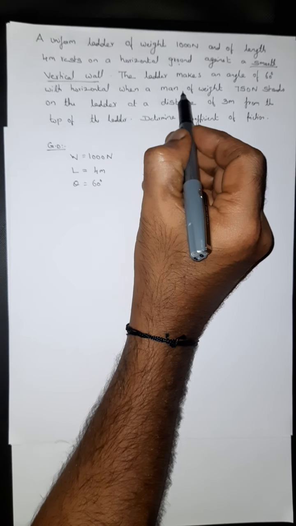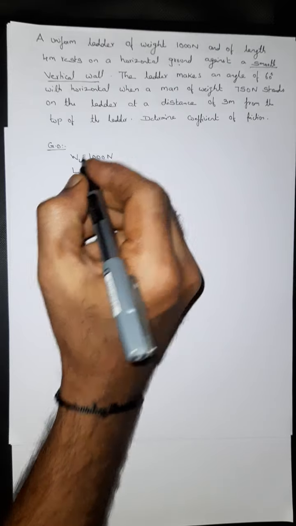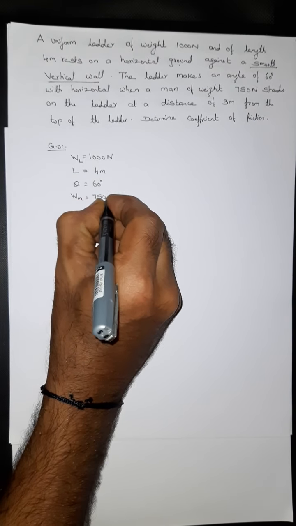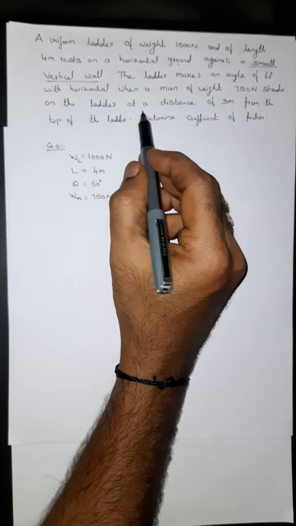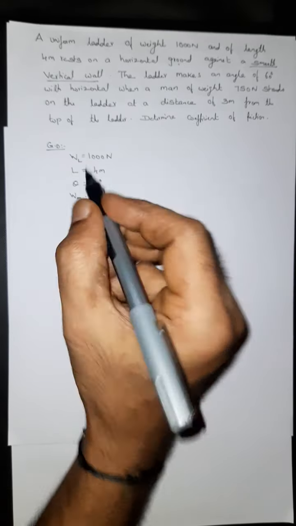When a man of weight 750, this is WL, weight of the man is 750 Newton, stands on the ladder at a distance of 3 meter from the top of the ladder.